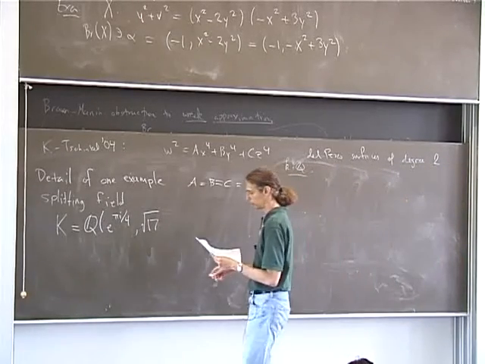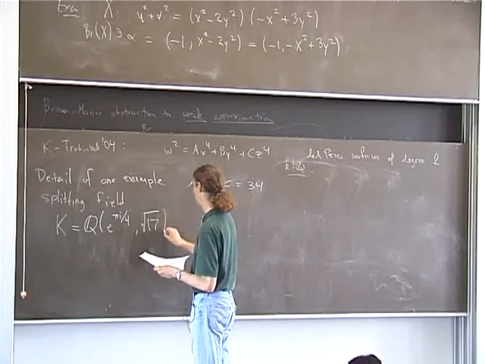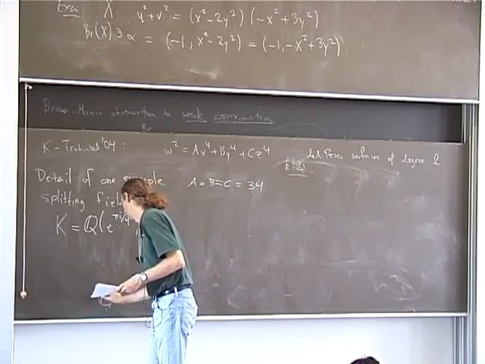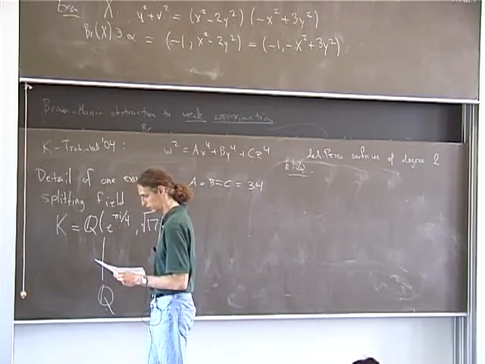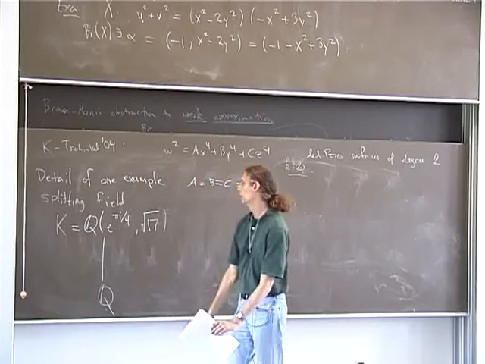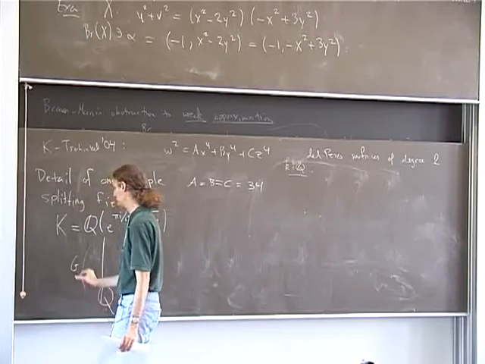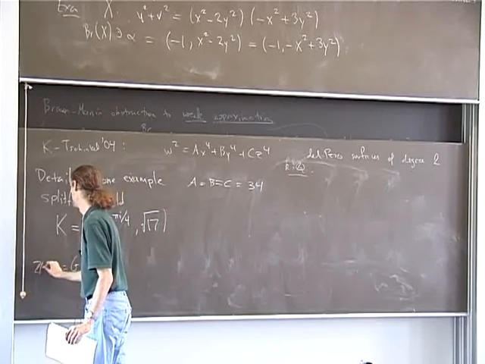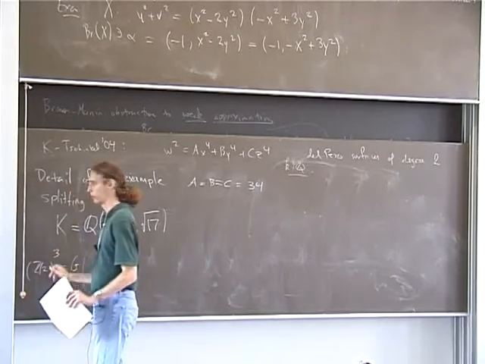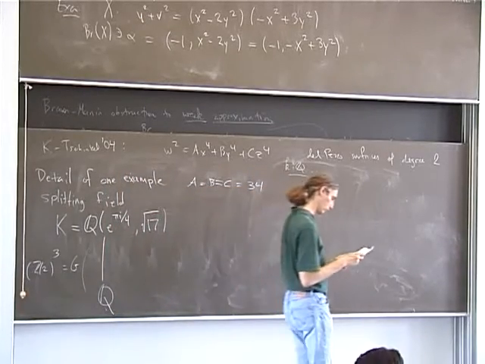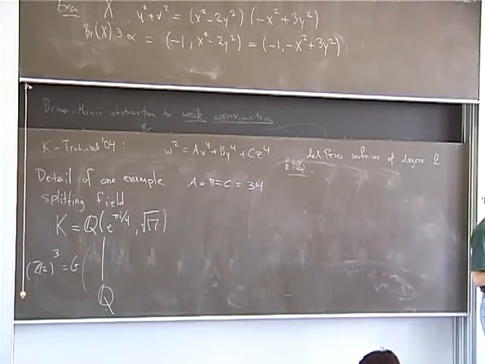You only need the square root of 17. And so this is a degree 8 extension, with Galois group three copies of Z mod 2.